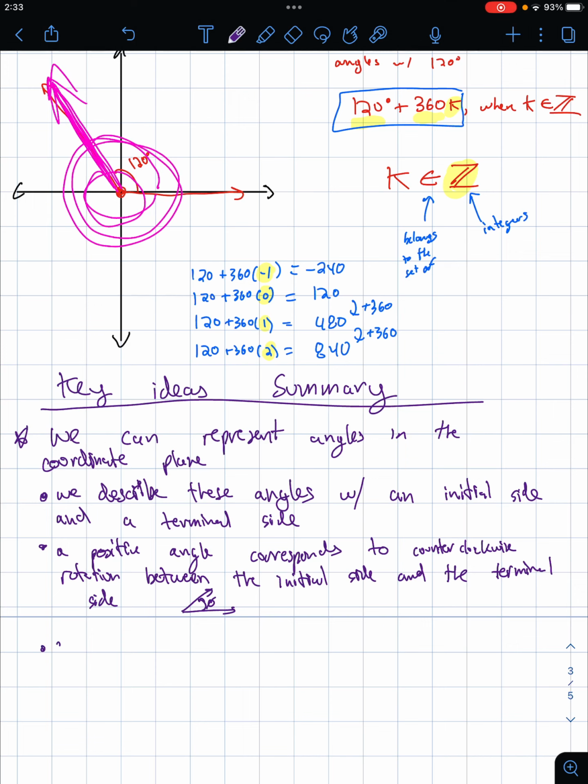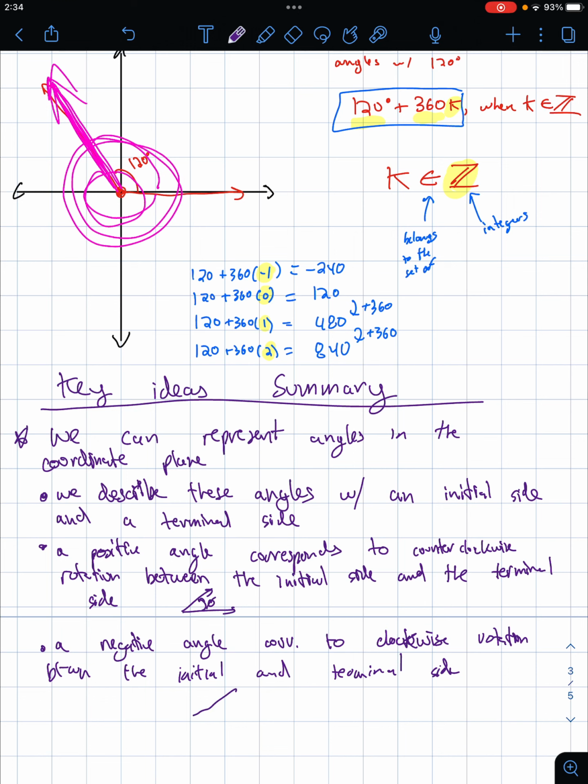A negative angle corresponds to clockwise rotation between the initial and terminal side.